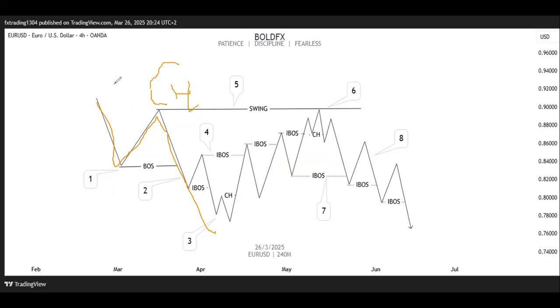This bearish trend is expected to hold. So your expectation when price comes into your extreme level is that this lower high is going to hold. So here at number 6, what can we now see?